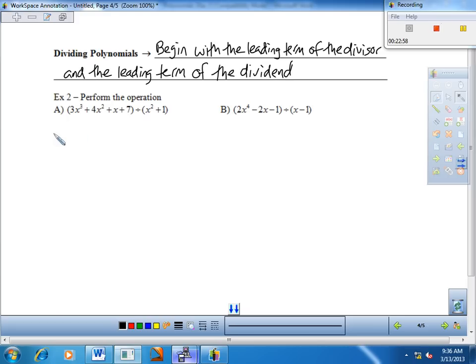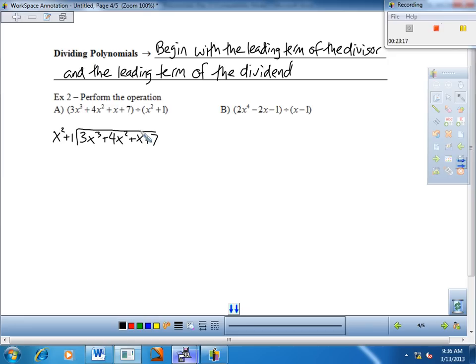Leave a little room up at the top if you would. I have x squared plus 1, and that's being divided into 3x cubed, 4x squared, plus x plus 7. Okay. That is outstanding. And so this is our divisor. This is our dividend. Let's go get our quotient and see if there's any type of remainder there.